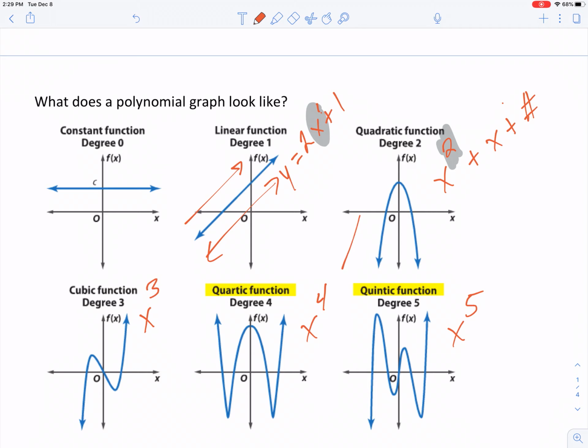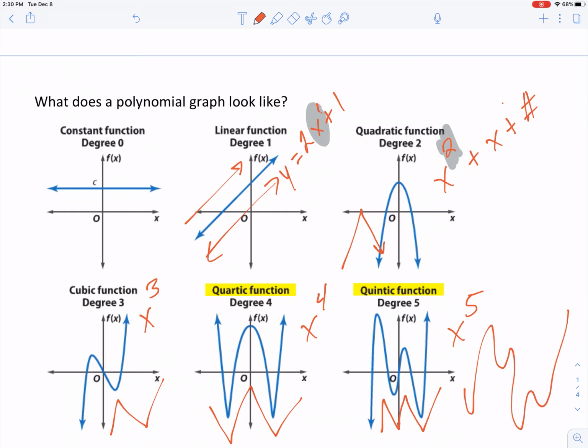This one goes 2 directions. So degree 2. 1, 2, 3. 1, 2, 3, 4. 1, 2, 3, 4, 5. Okay, so if I just draw you a random squiggle line here, you should be able to tell me the degree. It is 1, 2, 3, 4, 5, 6, 7, 8. This one has a degree of 8.